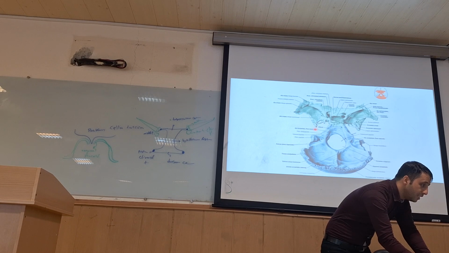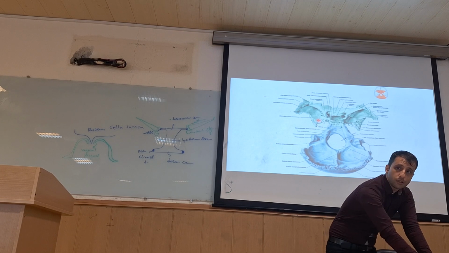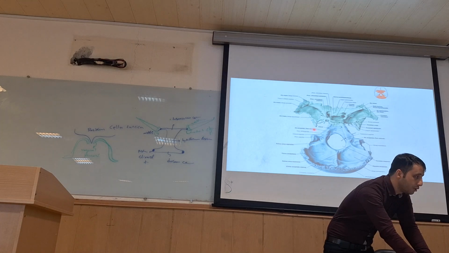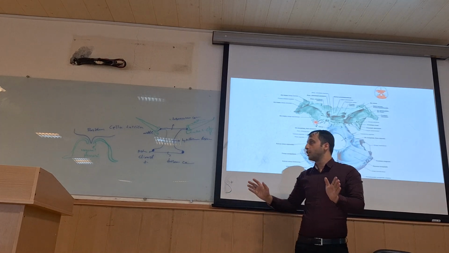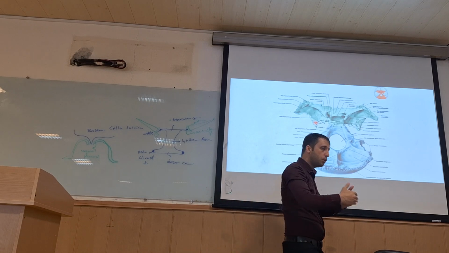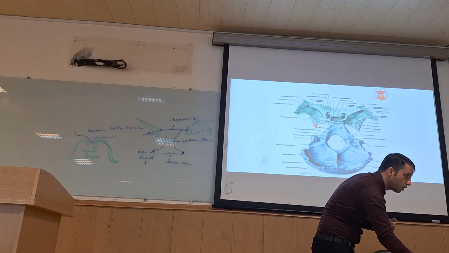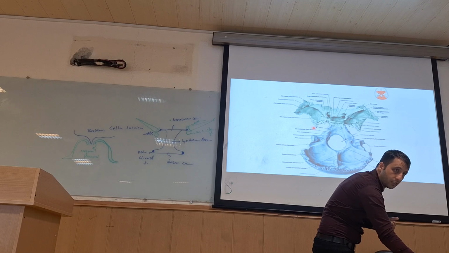Posterior and anterior parts are separated by this spine. It is named the sphenoidal spine, or spine of the sphenoid. I say that the spine of the sphenoid separates the posterior border of the greater wing from the anterior border of the greater wing.